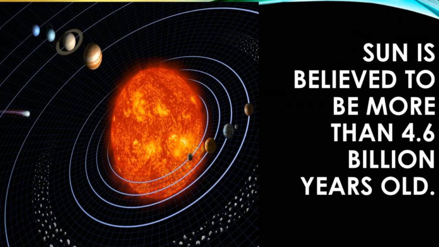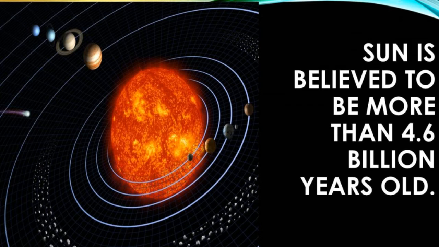Let's see the Sun. The Sun is a medium-sized star, a very fiery spinning ball of hot gases. Three quarters of the Sun is hydrogen gas and one quarter is helium gas. It is over a million times as big as Earth.